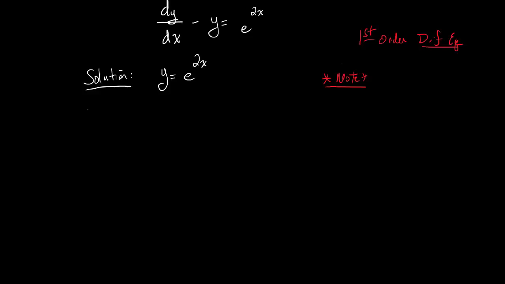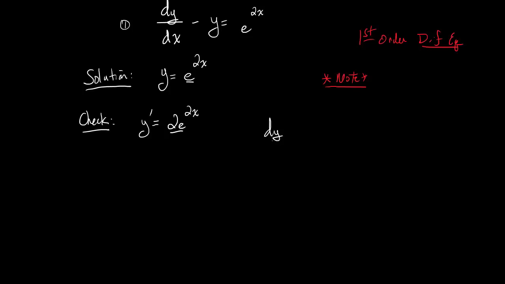So if we want to check to make sure that this is in fact a solution of the above differential equation, let's go ahead and find y prime. Hopefully we all recognize that we are going to apply the chain rule and we get y prime equal to 2e to the 2x power. Everywhere we see the first derivative, we're going to plug this in, and everywhere we see y, we're going to plug this in.